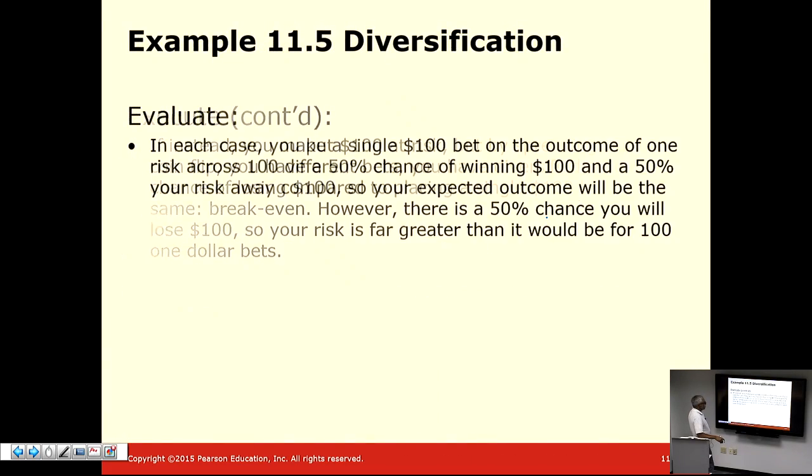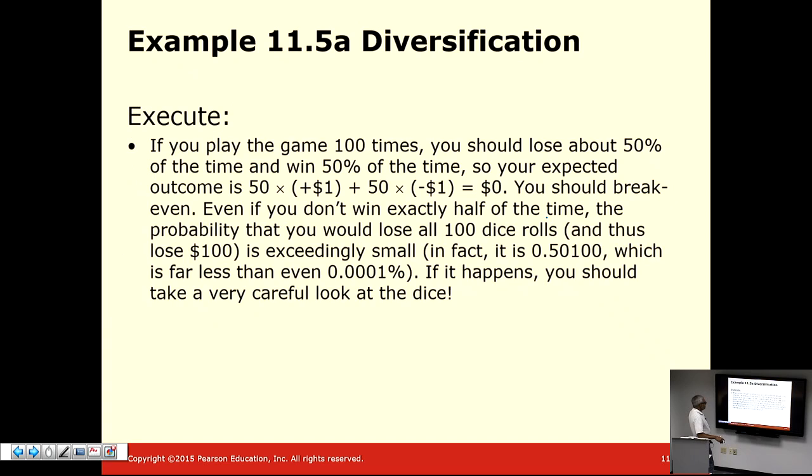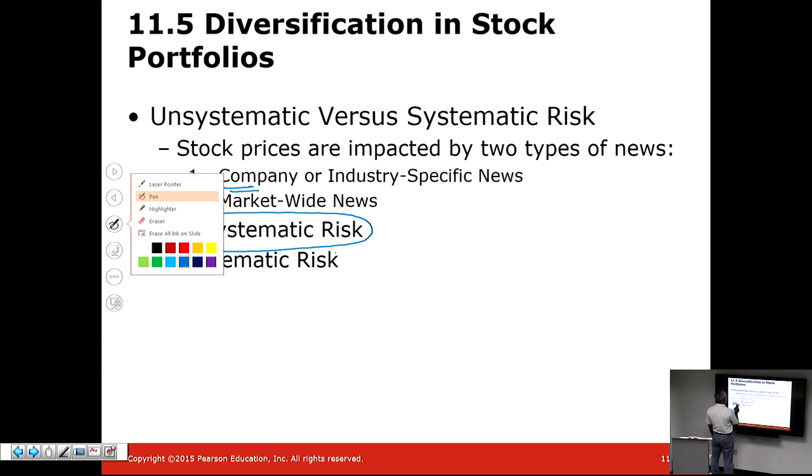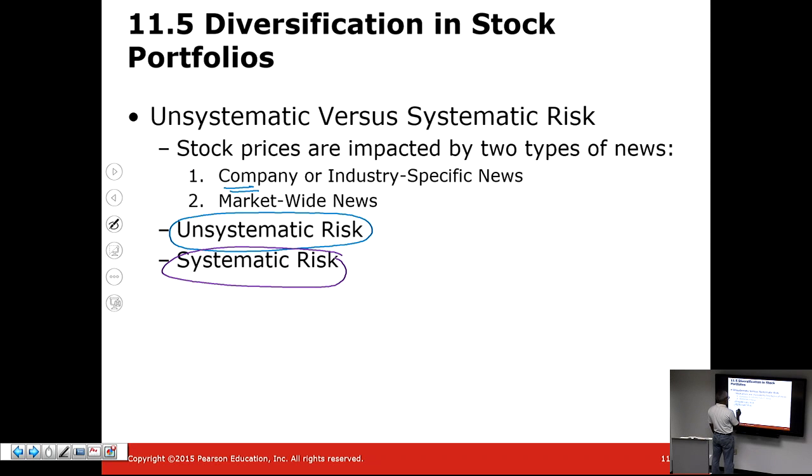Okay. So how does this thing play out? The risk that is coming from events related to a company is called unsystematic risk. And the risk that is coming from factors like inflation, interest rate, GDP, they are called systematic risk, also called market risk.